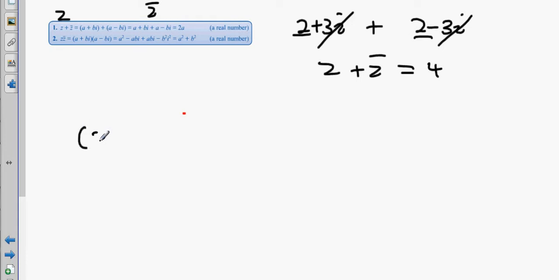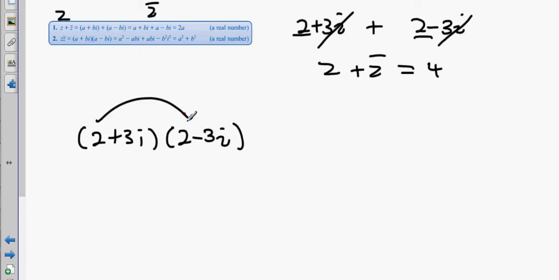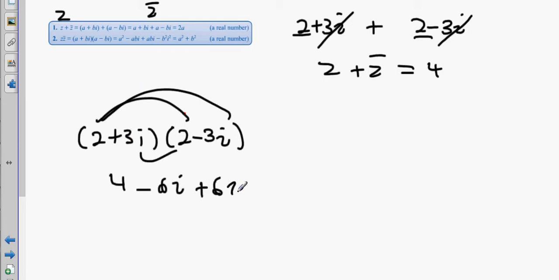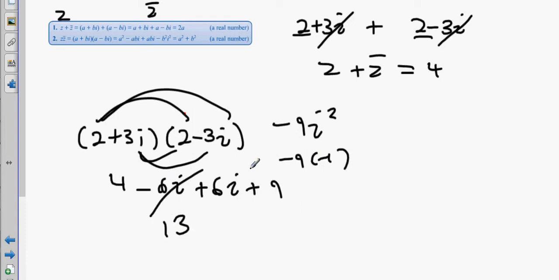When you multiply a complex number by its conjugate, you get 2 times 2, 4, then minus 6i, plus 6i, and then minus 9i squared, which is plus 9, because it's minus 9 times minus 1. That gives 13, and the 6i terms cancel off. So once again, you get a real number, and basically the imaginary part disappears.